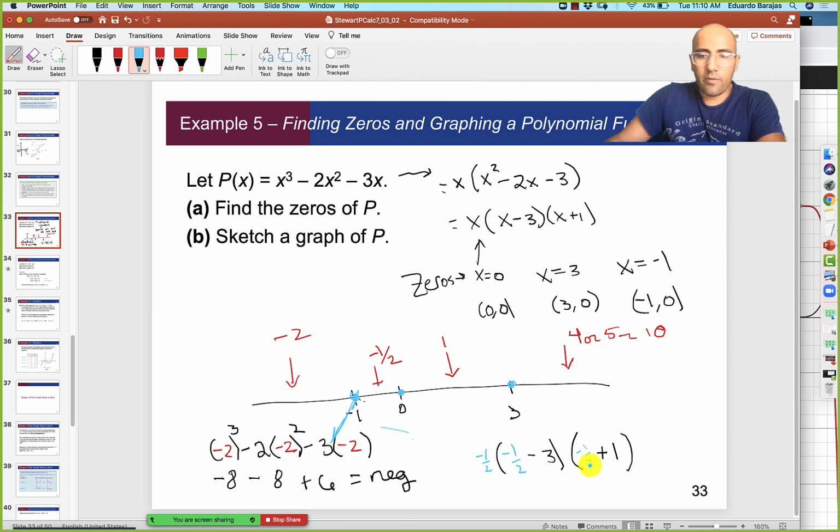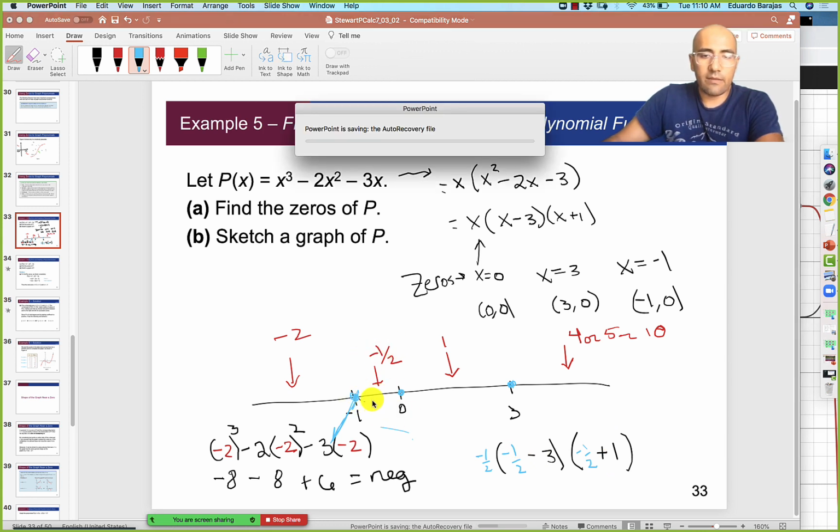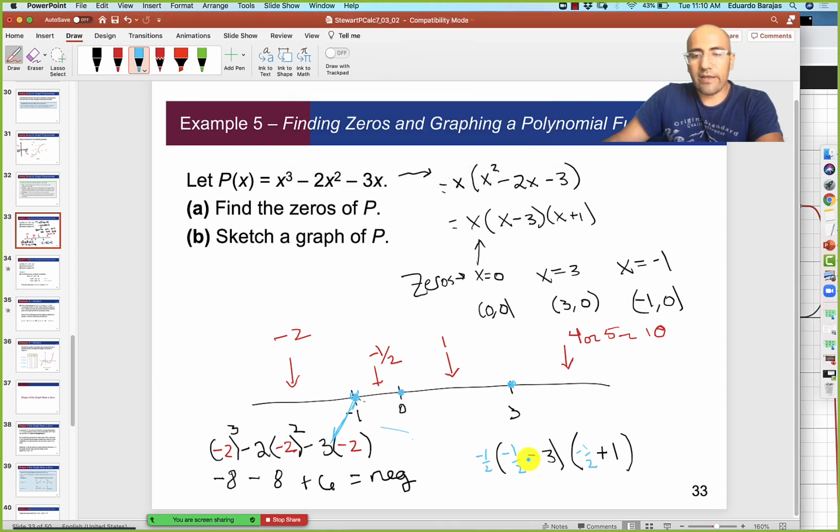And remember, all I really care about is whether it's positive or negative, because I want to know if this graph is going to continue and be up here in the positives or come down here and be in the negatives. So if I keep track of the signs, I know that I end up with a negative, because a negative 1/2, times another negative, because this is going to be negative 1/2 minus 3. And then negative 1/2 plus 1 makes it a positive.